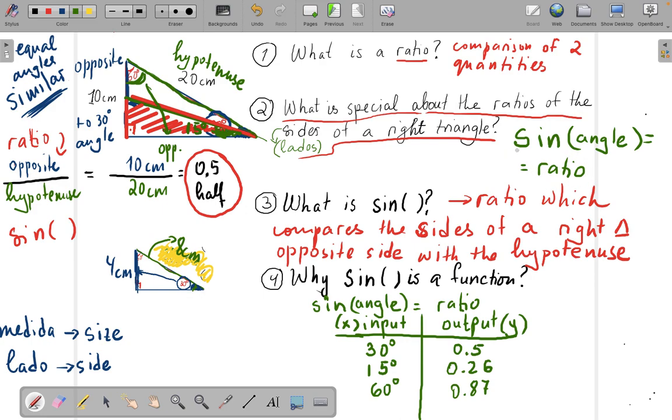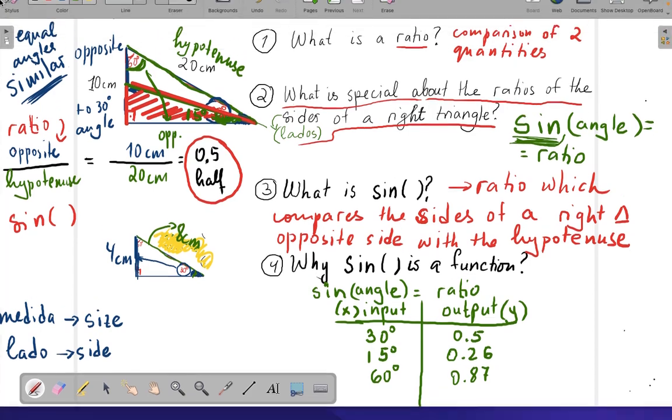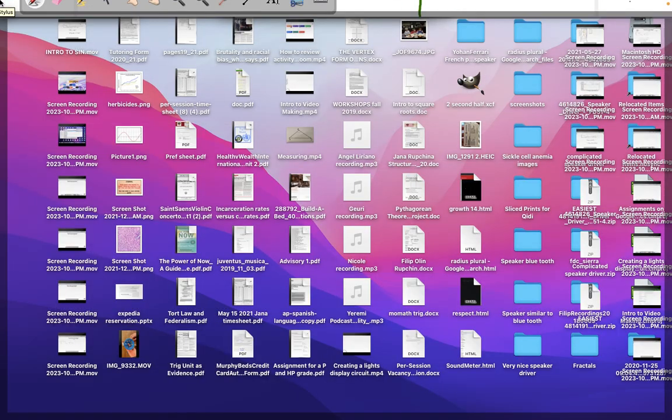Ese ratio es especial porque se llama sine, que tiene un nombre. ¿Ok? Pues podemos crear muchísimos ratios en el mundo, pero no tienen nombre. Pero cuando estamos comparando los lados de un triángulo recto, son ratios que son más especiales y por eso tienen nombres. Y uno de estos nombres es sine, ¿ok? Sine. So, vamos a seguir con este tema en the next video.